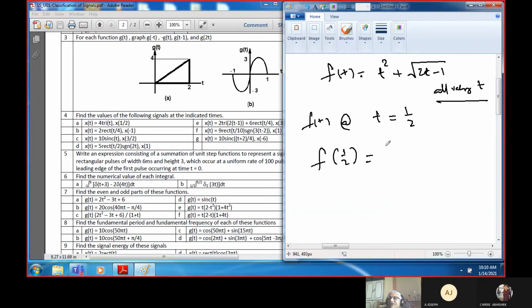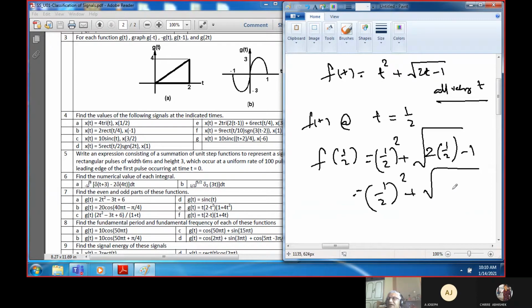Simply substitute 1 by 2: 1 by 2 square plus square root of 2 into 1 by 2 minus 1. So this becomes 1 by 2 square plus under root 1 minus 1. This obviously will be equal to 1 by 4. So at t equal to half, the value is 1 by 4. Like this, you can very easily solve these problems.